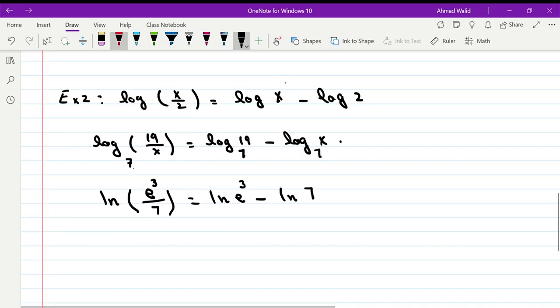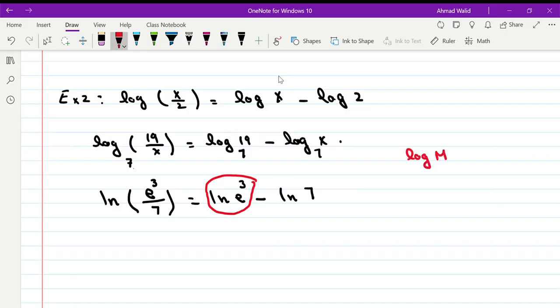But look at the first part of the problem. The first part of the problem is the power rule. I just explained to you that if you have log of m to the power of p base b, when you write it in expanded form, you bring this exponent to the front of log. It means you write p log of m base b.